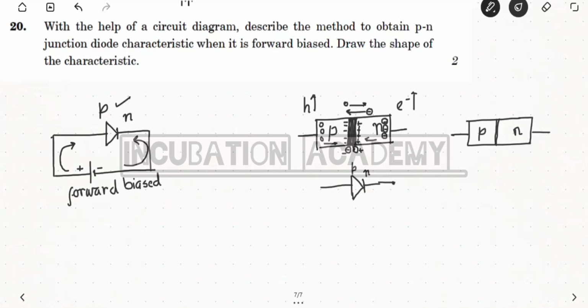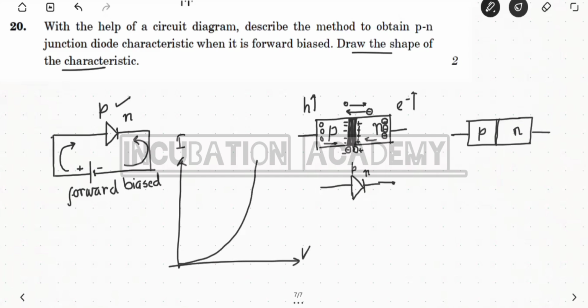It is said to draw the shape of the forward bias characteristics. So this is the current along the y-axis, the current flowing through the diode, and V is the potential across the diode. It increases, and this is an exponential increase.